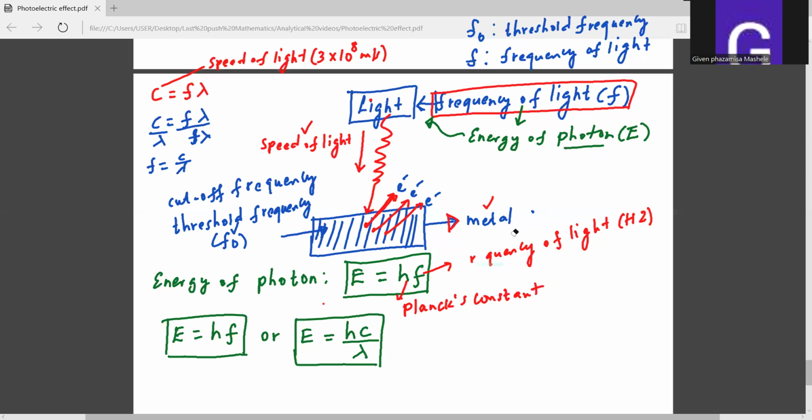However, there is something that I want to address here. Since I said different metals have different cutoff frequency, it means different metals will have different work function.